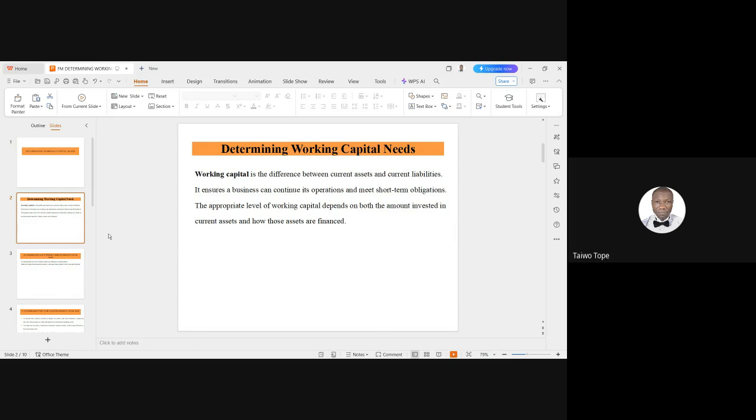So it is very important for organizations to maintain the right level of working capital because this is crucial to their survival.